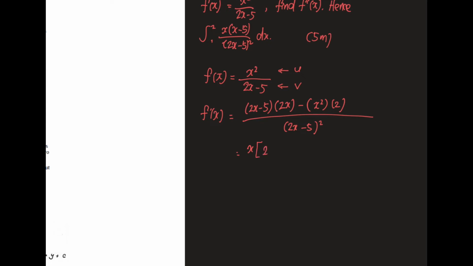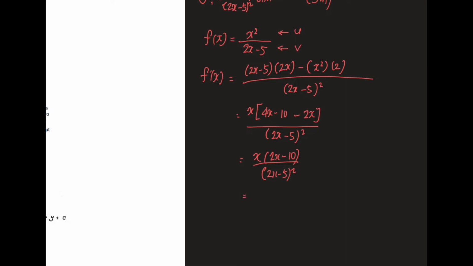I have 4x minus 10 minus 2x, and at the denominator I have (2x minus 5) squared. So x(2x minus 10) over (2x minus 5) squared. I factorize the 2 from the numerator: 2x(x minus 5) over (2x minus 5) squared. So this is f prime of x.